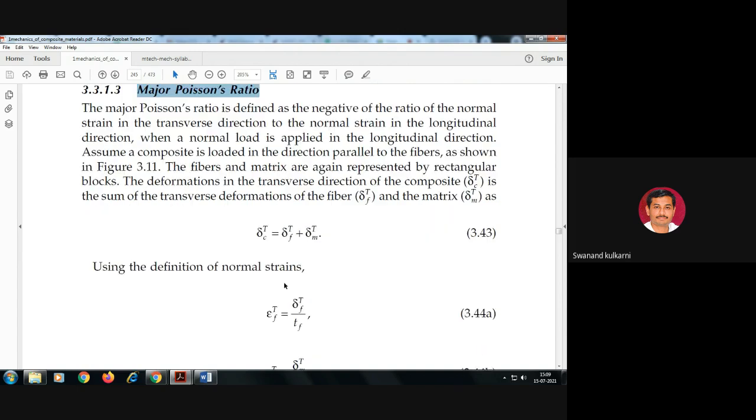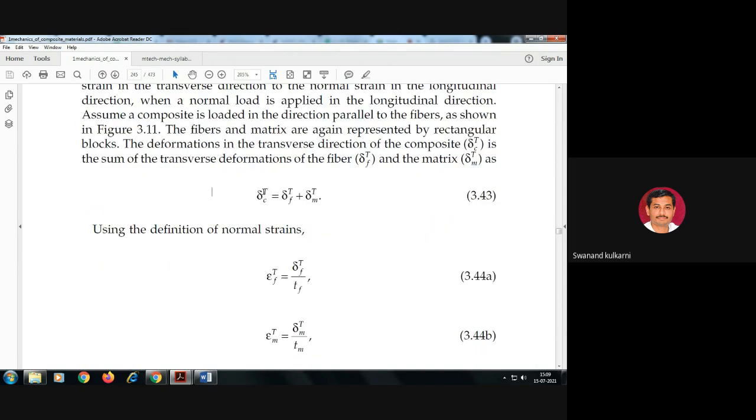Here for the composite material, in equation 3.43, T represents the transverse, C represents composite, F represents fiber, and M represents matrix. The deformation in the transverse direction in the composite is the sum of the transverse deformation in the fiber and matrix, which we can see here.